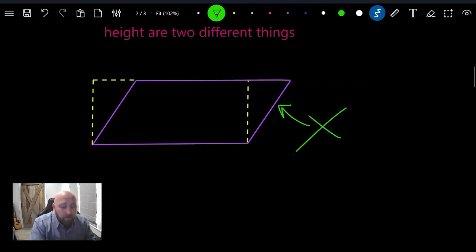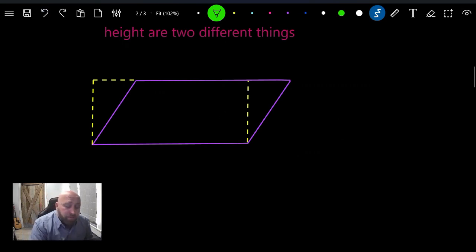This is what's called the slant height. This is the height, the distance from the top to the bottom in a straight line. In other words, this has to be a 90-degree angle right here. This is not a 90-degree angle. So don't use the outside slant height. Make sure that you use this height right here.